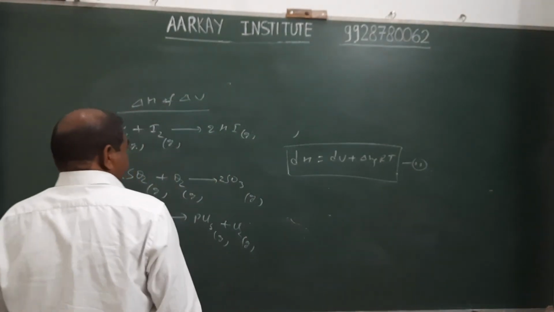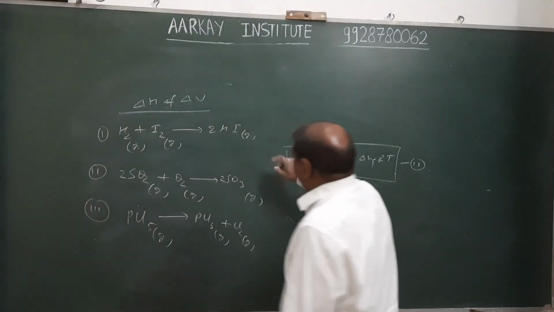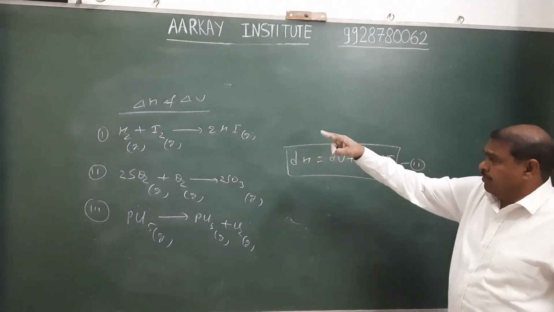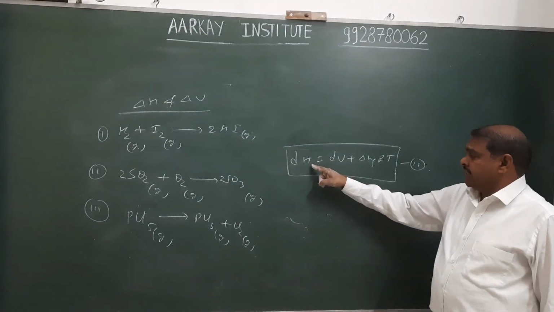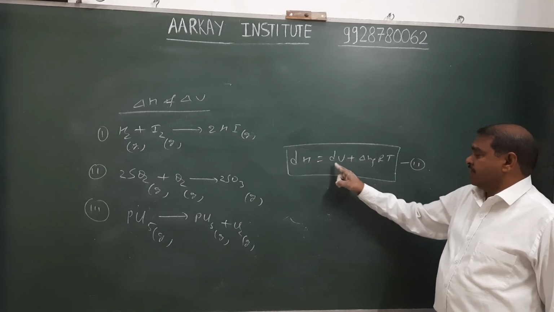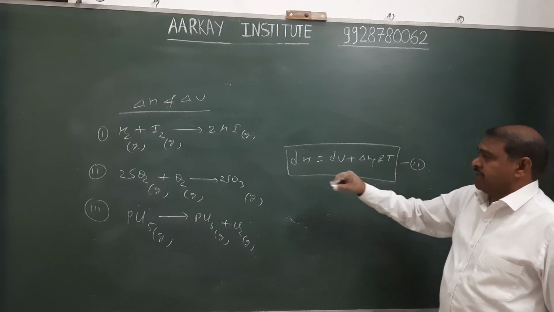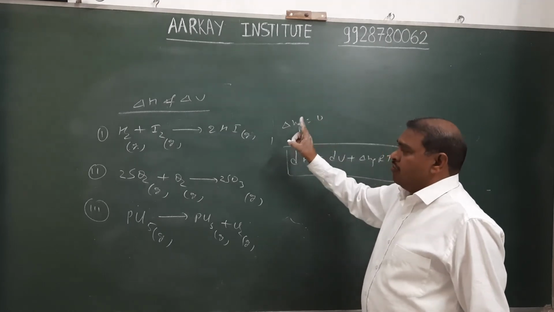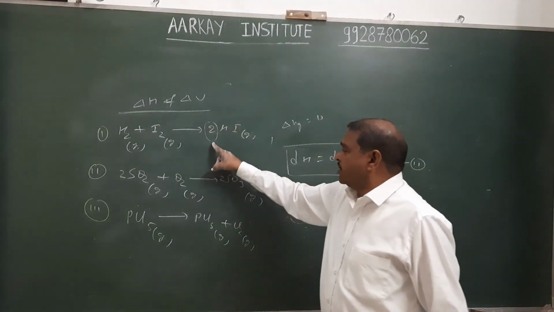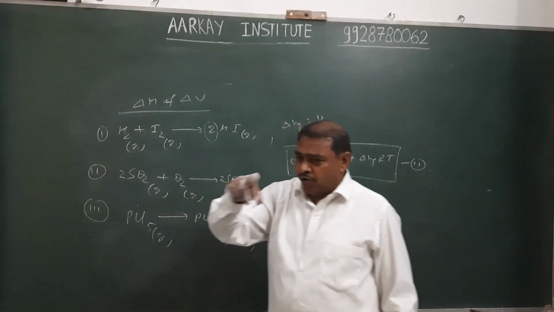In case of first, we find the relation between change in enthalpy and change in energy. In case of a chemical reaction, delta H equals delta U plus delta Ng RT. In equation first, delta Ng of the reaction is 0, change of moles of product 2 and moles of reactant are also 2.